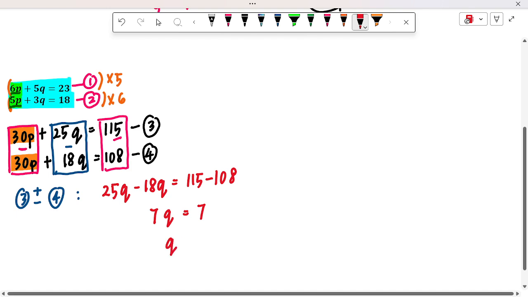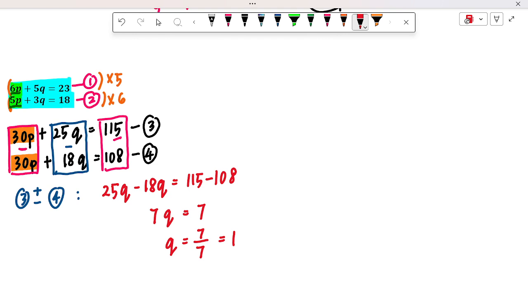So your q will be 7 divided by 7, which is 1. Once you find the answer q, you have to find the answer p. For p, you may use equation 1, 2, 3 or 4. I will suggest you all take equation 1 or 2, the original equation given in the question. Why? Because it's simpler and has smaller numbers to avoid any mistakes.